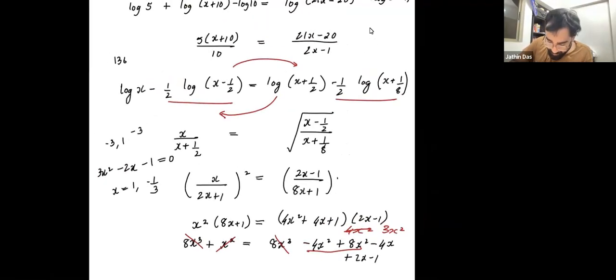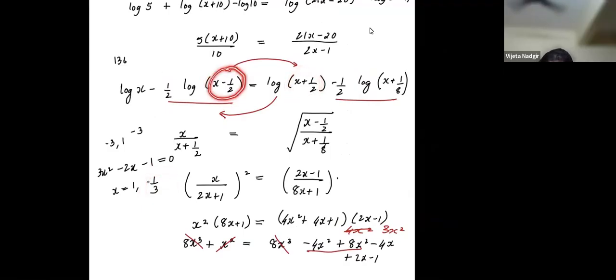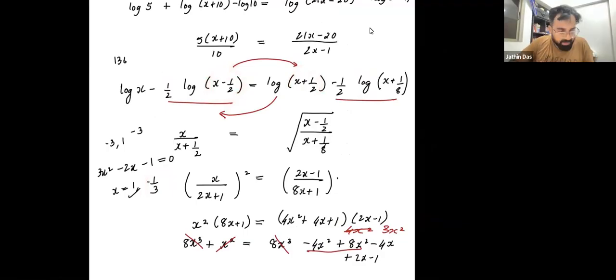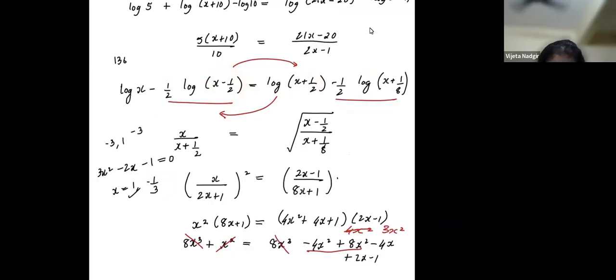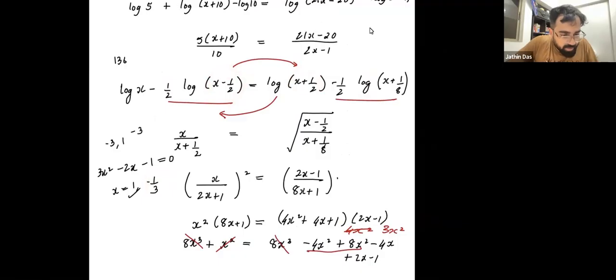But this minus 1 by 3 cannot be, look here, it is not defined. So 1 is the answer. What is the answer? 136, 1. Yeah, that's it. So 1 is the answer. Minus 1 by 3 will be neglected.